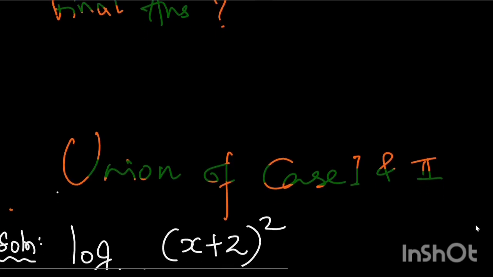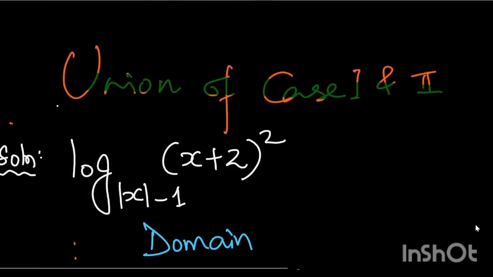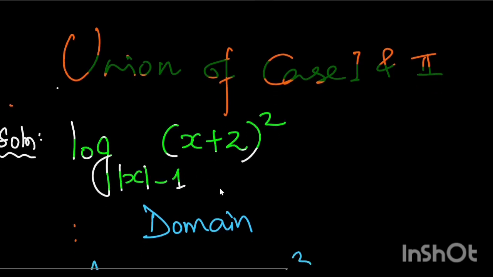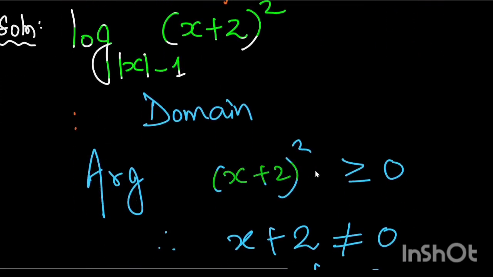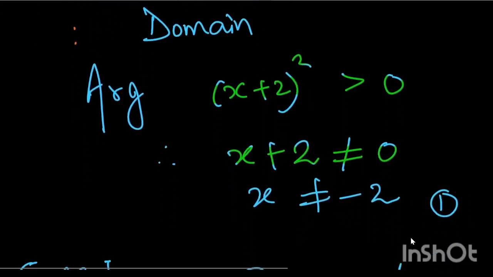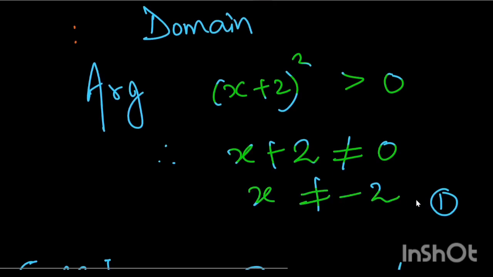Starting with the domain of the logarithmic left hand side term, we need to ensure that the argument x plus 2 whole square should be greater than 0. It shouldn't be equal to 0. So x plus 2 shouldn't be 0, which gives the domain of the argument to be x not equal to minus 2.